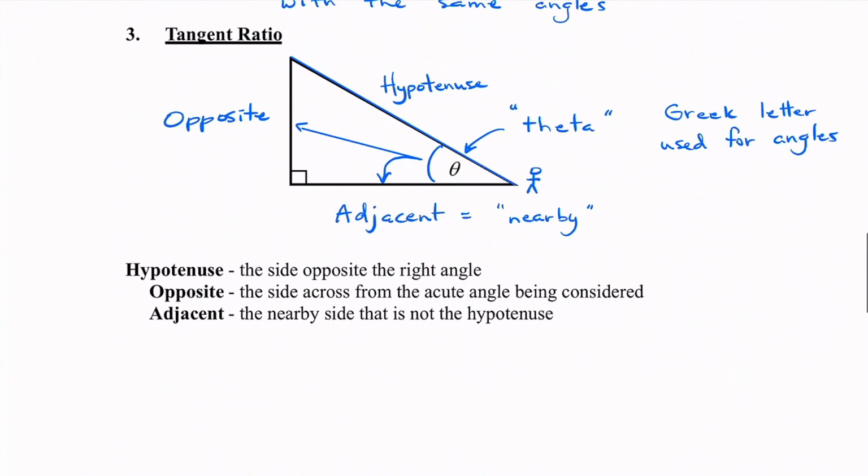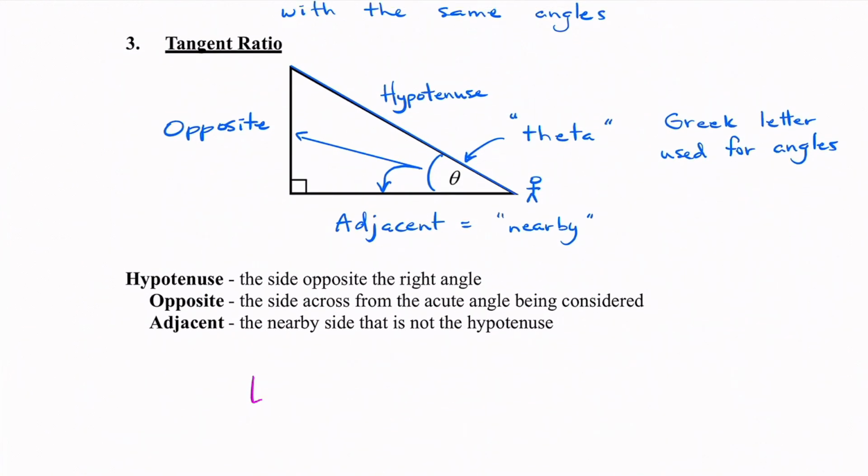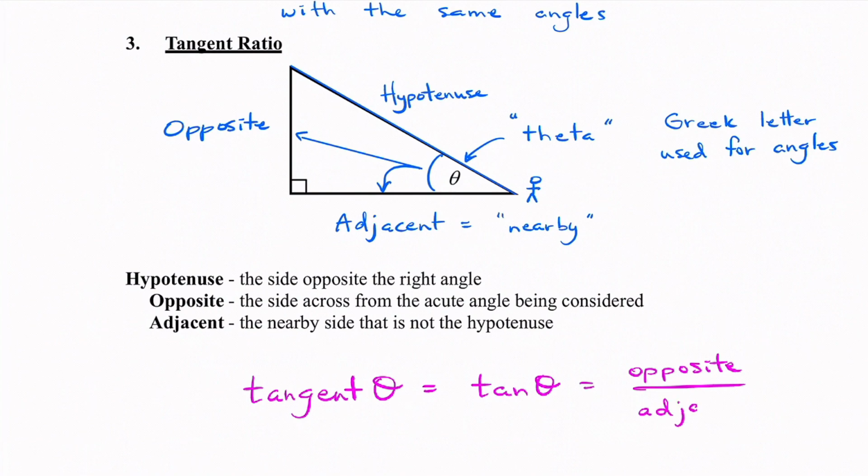So the tangent ratio, let's just write it here at the bottom. So tangent of some angle, theta, which normally we just write tan theta for short, tan theta is equal to the opposite divided by the adjacent. So if you took the opposite side and you divide it by the adjacent side, that ratio, that fraction, is what we call the tan ratio. And again, this theta just stands for an angle.